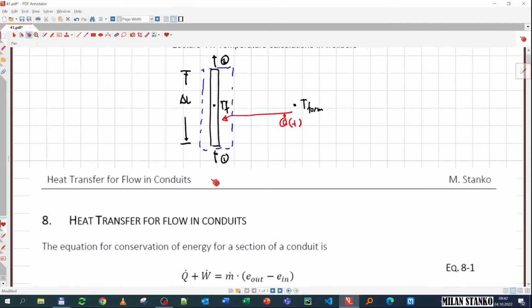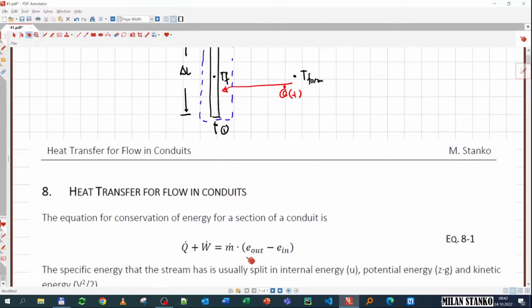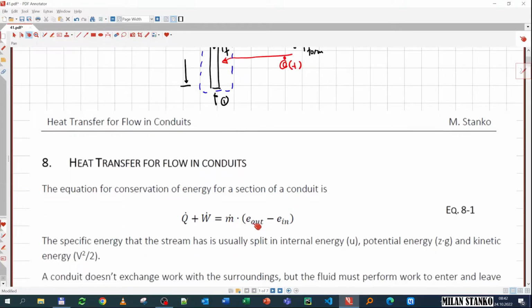And then I have the energy that comes in minus the energy that comes out, and that term I can express in terms of specific energy, which is the mass flow times the specific energy, and that term has three components: the internal energy, the potential energy, and the kinetic energy.